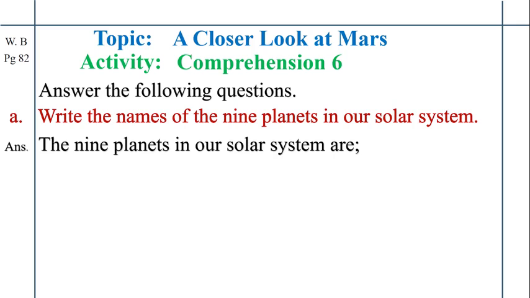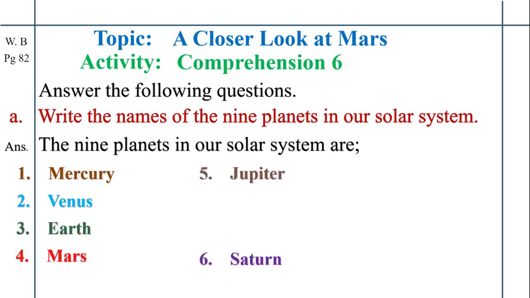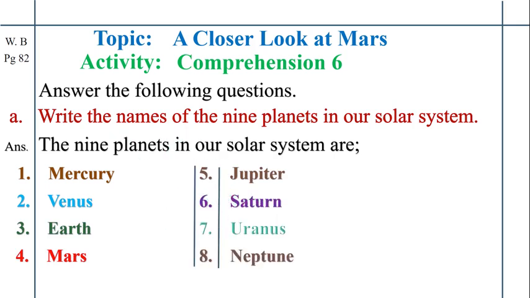So the names of the 9 planets in our solar system are Mercury, Venus, Earth, Mars, Jupiter, Saturn, Uranus, Neptune, and Mr. Pluto, right? I have given the names exactly the way these are located in our solar system.